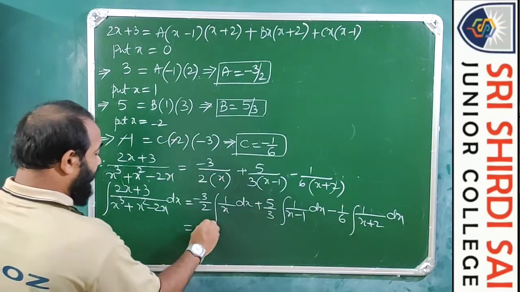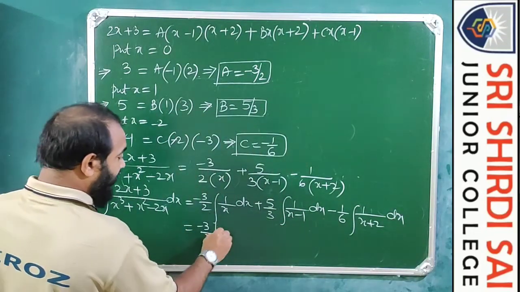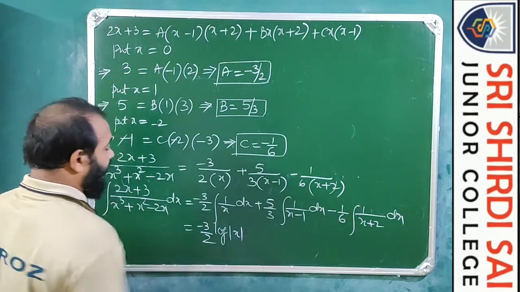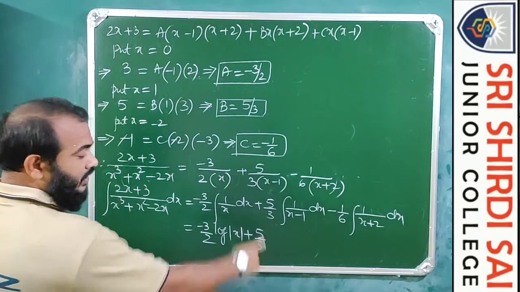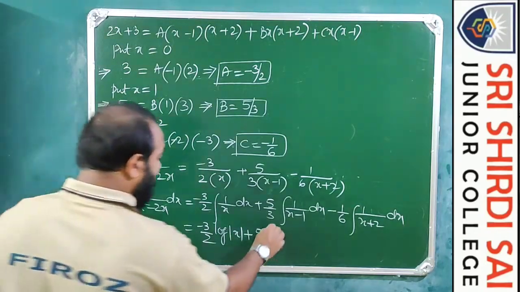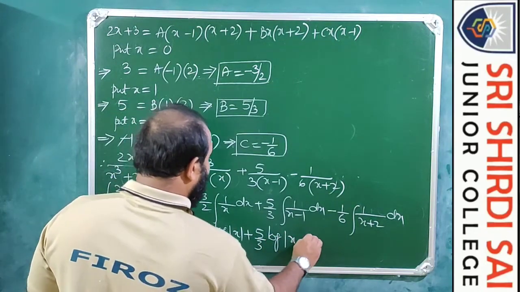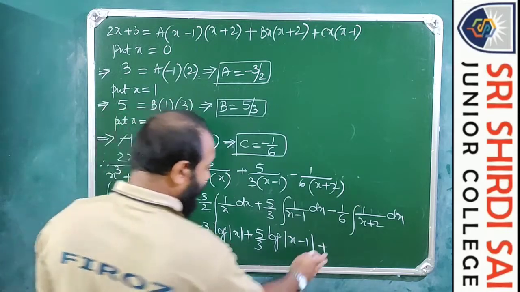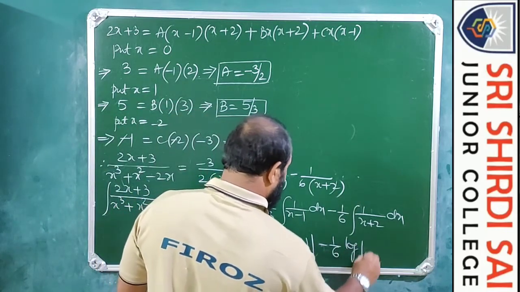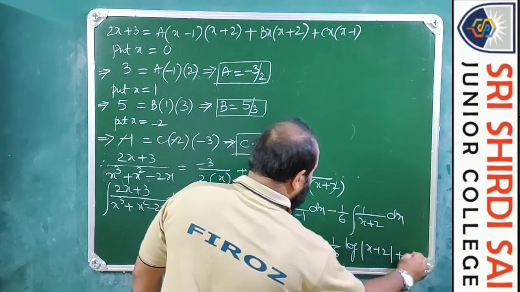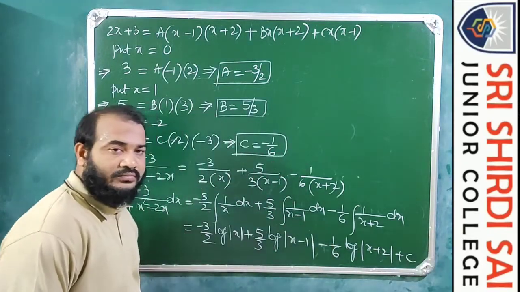So minus 3 by 2 integral 1 by x dx is log modulus of x, plus 5 by 3 integral 1 by x minus 1 dx is log modulus of x minus 1, plus minus 1 by 6 log modulus of x plus 2, plus constant of integration c.